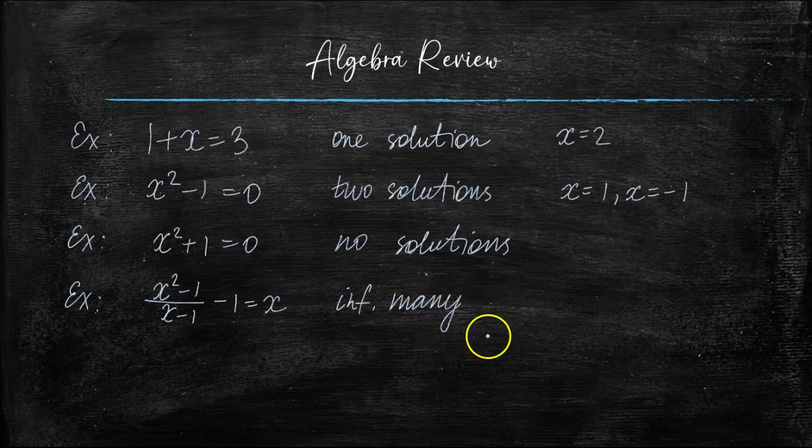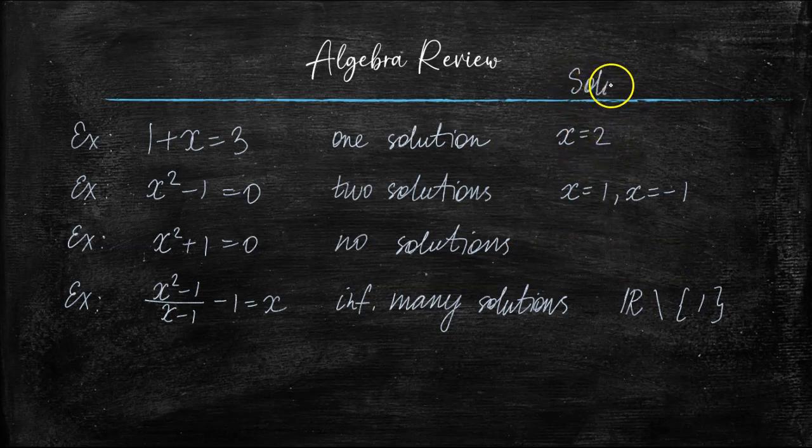So the idea is that you may not necessarily know how many solutions there are, and to know the number of solutions is not necessarily the same as knowing what the solutions are. So what I'm writing here on the right side is actually called the solution sets.